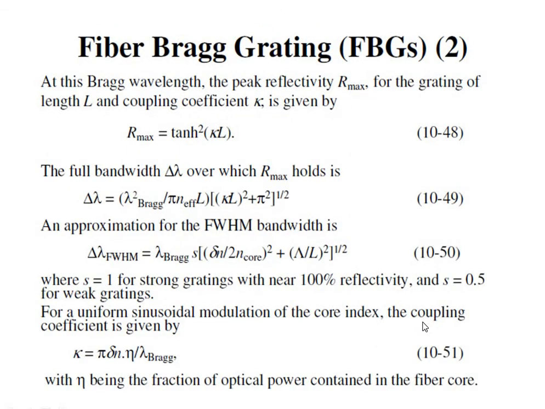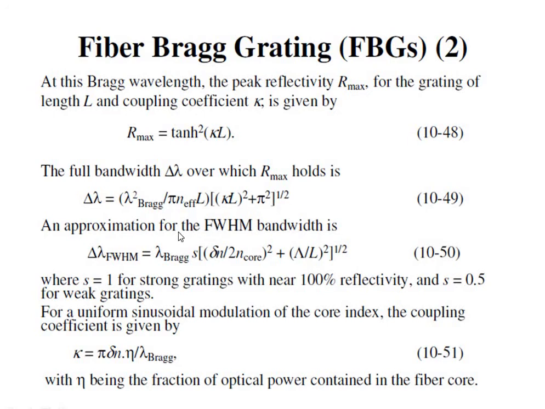At this wavelength, the peak reflectivity R max for a grating of length L and coupling coefficient kappa is given by this equation. That is the equation for peak reflectivity. And the full bandwidth delta lambda over which this maximum reflectivity holds is given by this equation.